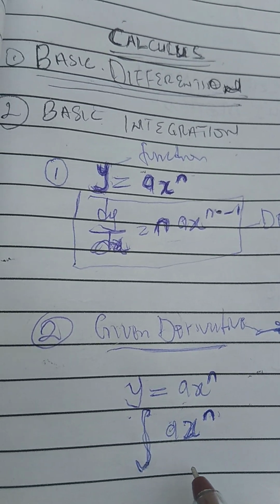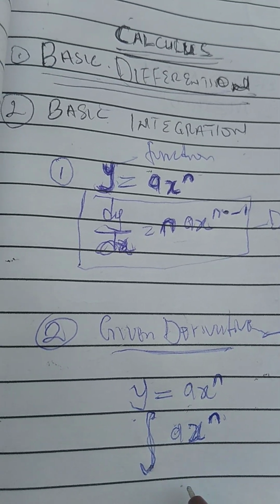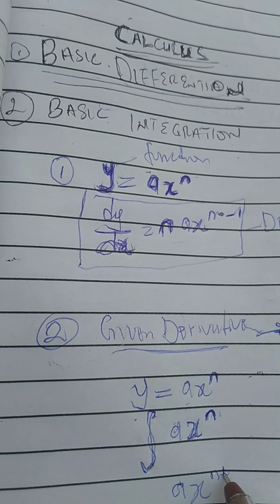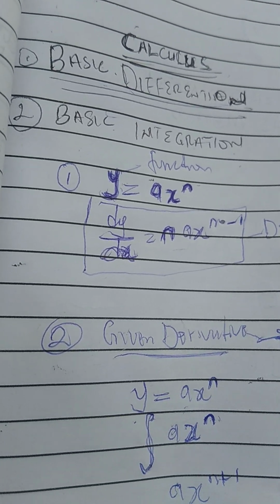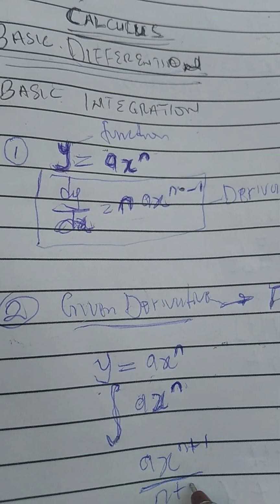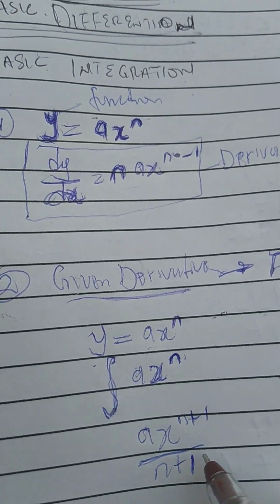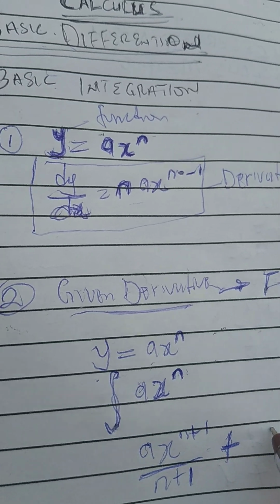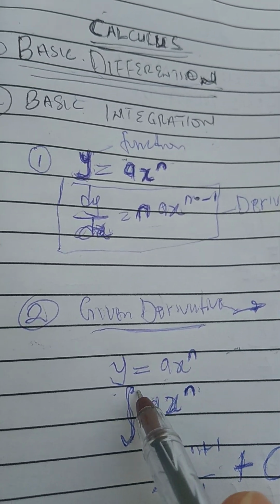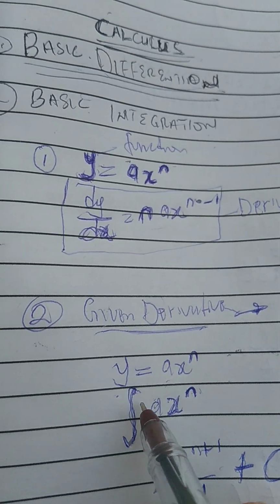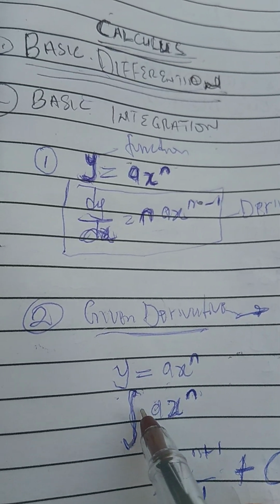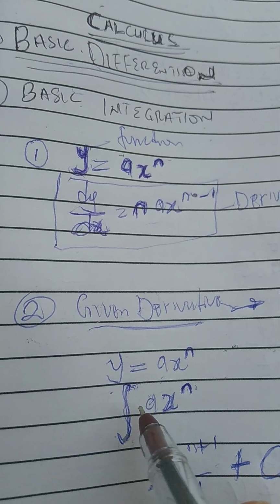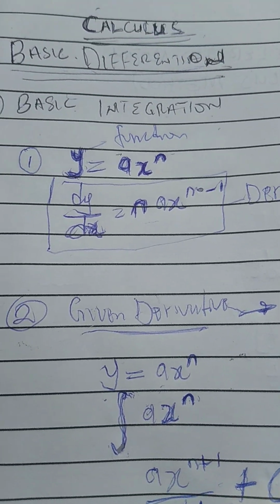So in a nutshell, we say a x raised to power n plus 1 divided by n plus 1. Then we put what is called an arbitrary constant c. Anytime we are dealing with integration where we are not given the interval of our integration, it is called an indefinite integral.